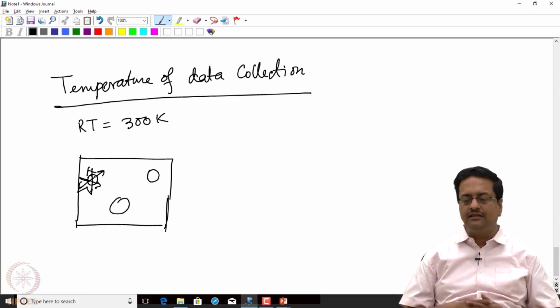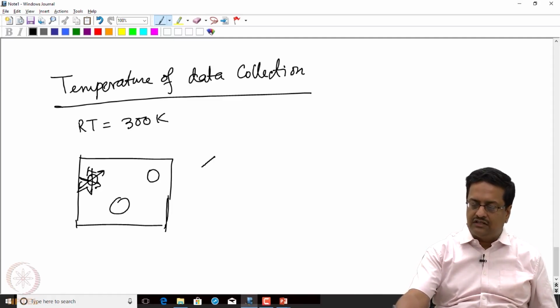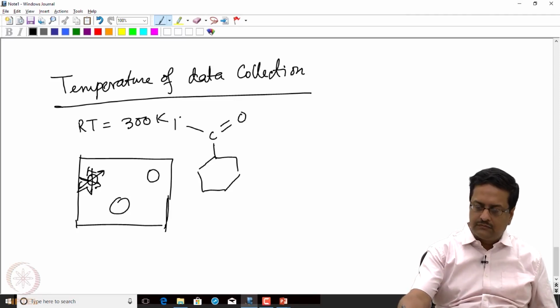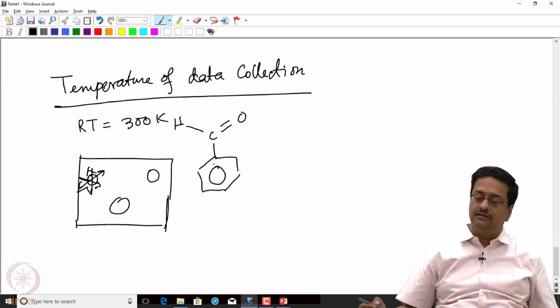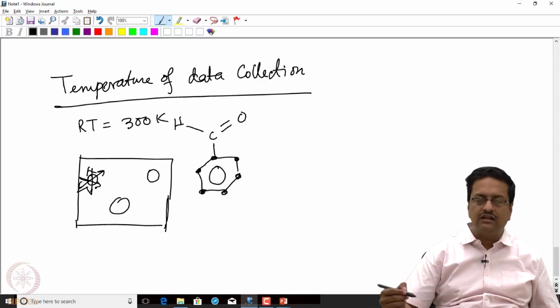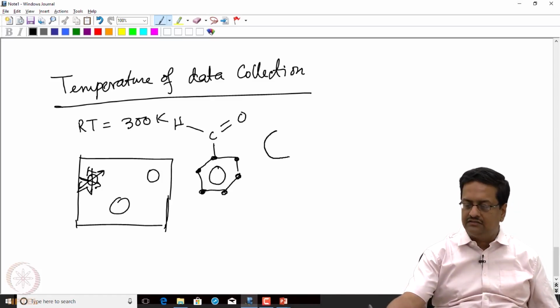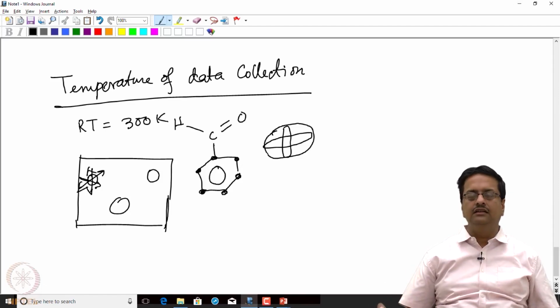And what we end up getting is, if we try to determine the structure at room temperature, suppose we have determined the structure of benzoic acid, what we may see is that the carbon atoms located at the 6 positions of the aromatic ring and the carbon located in the carboxylic acid group will have a large thermal ellipsoid structure, and it looks like a big rugby ball or an extended sphere.